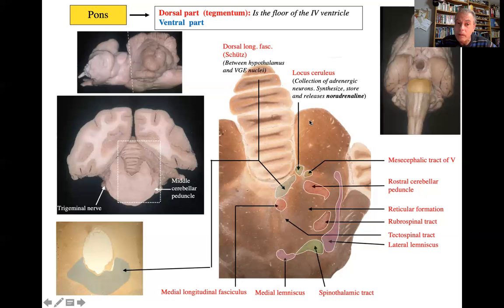And remember when we were talking about the metathalamus, the caudal colliculus receives acoustic information, and this acoustic information is projected, okay, to the medial geniculate body of the metathalamus, and from there it goes to the temporal cortex. Again, the spinothalamic tract for nociception and the medial lemniscus that sends proprioceptive information to the thalamus.